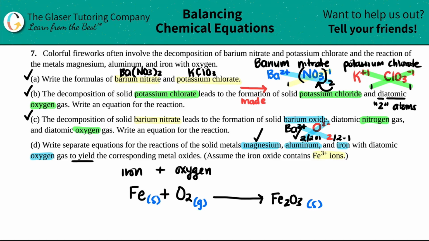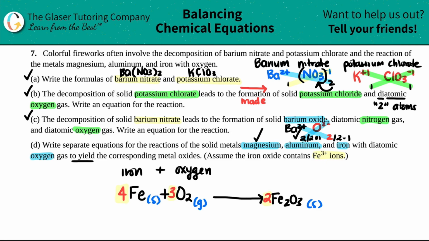And if I'm going by the oxygens, right, I have 2 oxygens, I have 3, so I'm going to put a 3 in front of the O2 to get 6, and then I'm going to put a 2 in front of the Fe2O3 to get me 6 oxygens, 2 times 3. And then let's just balance those irons. I have 2 irons here. 2 times 2 is 4. So what number should I put here? Oh, a 4. And that's it.